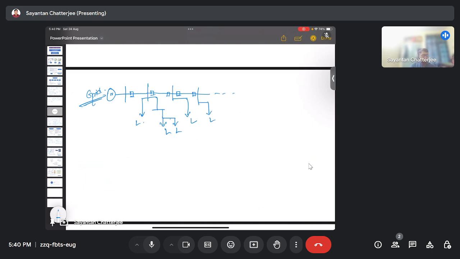So one thing we can do is that we can deliver adaptive relaying. So in this adaptive relaying, what we can do is that we can develop the relay actuating quantities based on load increments.